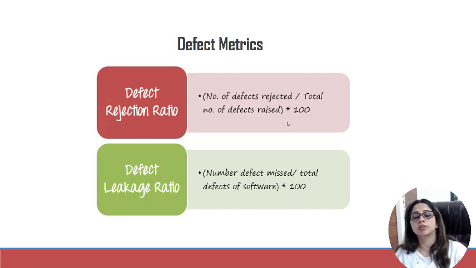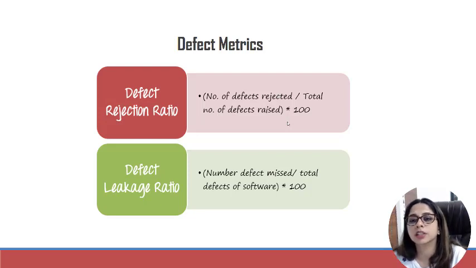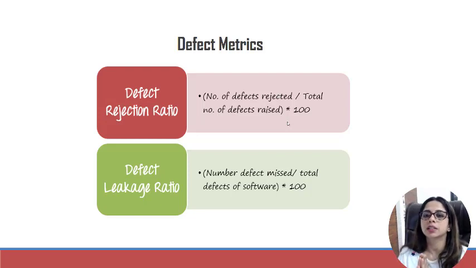There's another metric which is very important and is calculated very frequently. It is called defect leakage ratio. It is very interesting. Imagine a system which has 100 issues. This is a very hypothetical situation, and it's very difficult to count the exact number of issues present in a system. But let's say there were 100 issues present and you could only find 60 of them, and 40 were missed by you.